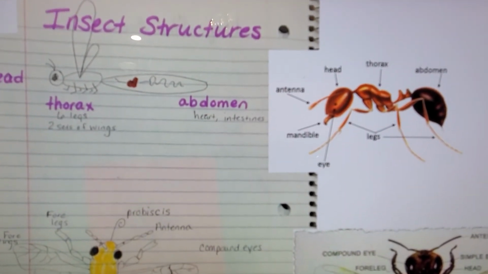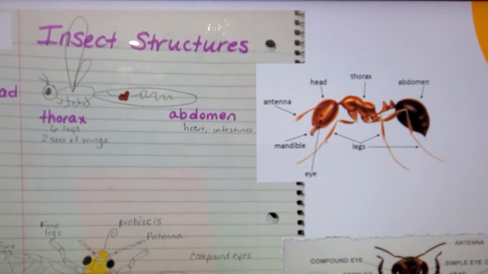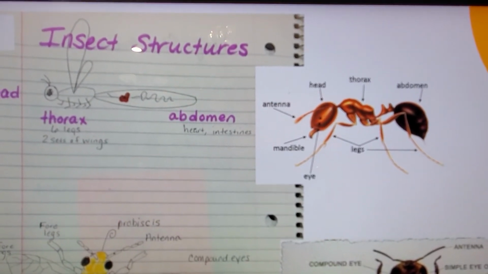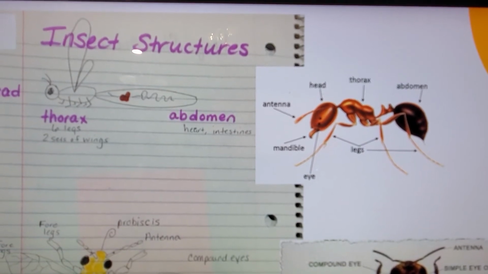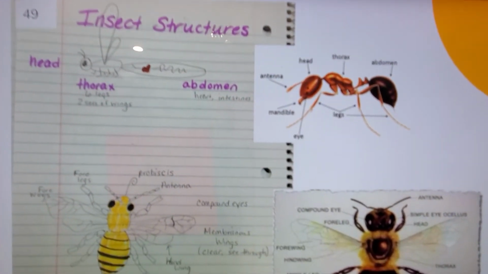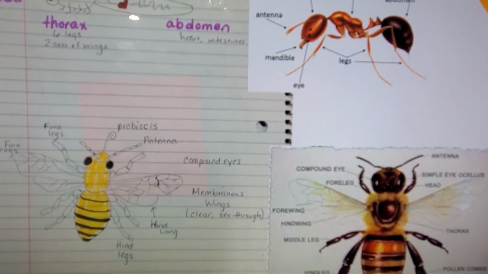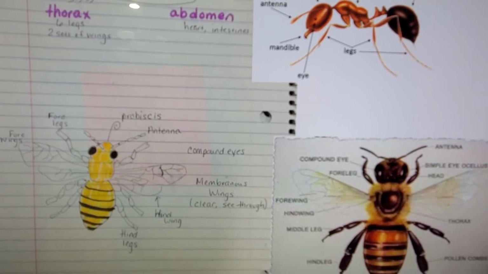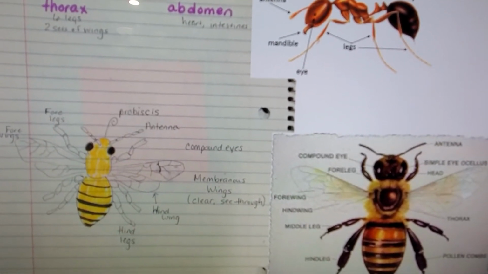So, again, comparing a real insect to our drawing, the main parts of it are head, thorax, abdomen. But in addition, there are going to be antennas. There might also be a proboscis, which is what they drink the honey or the nectar with.